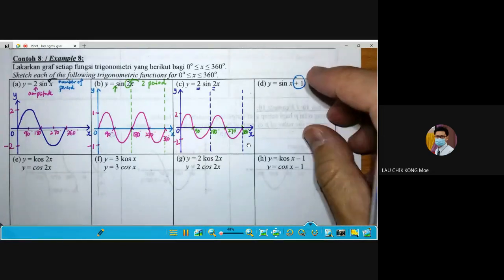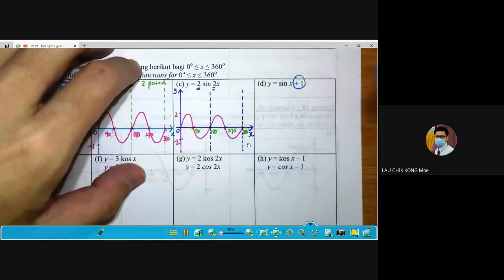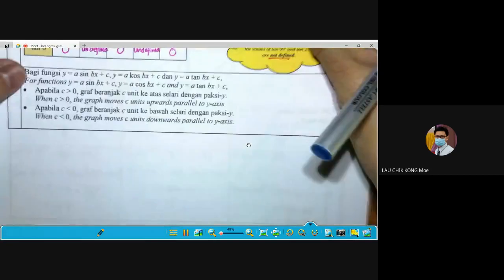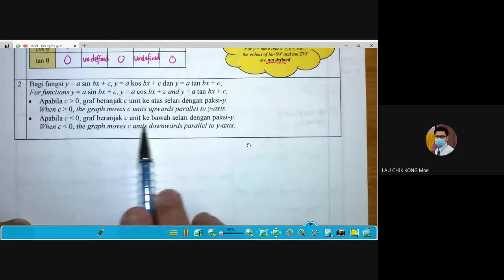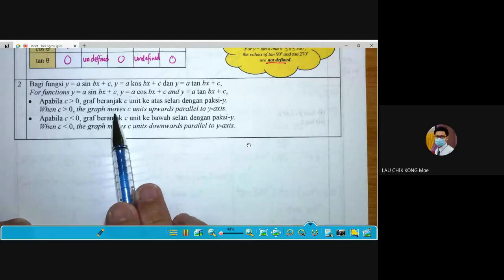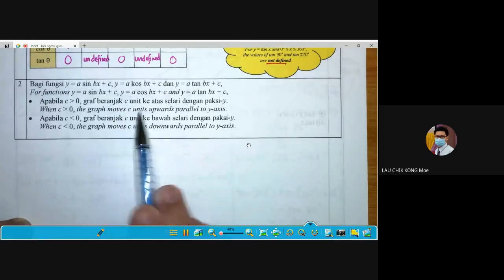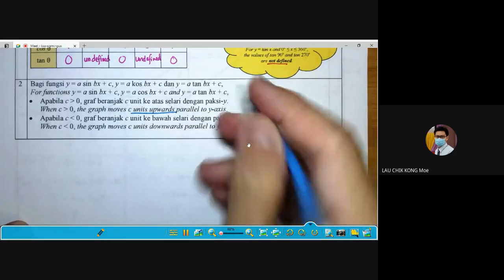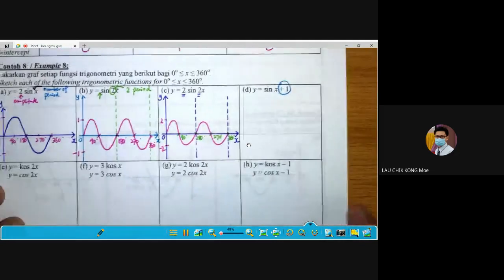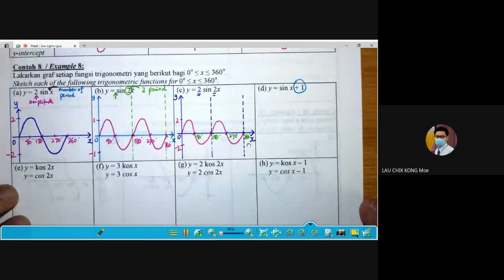If you look at the note on page 96, if plus 1, we need to move 1 unit upward. If it is positive, the graph needs to move 1 unit.